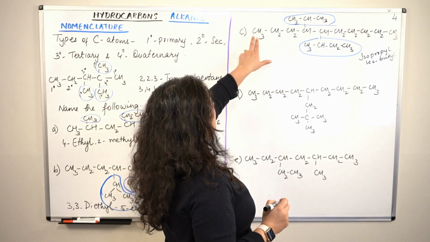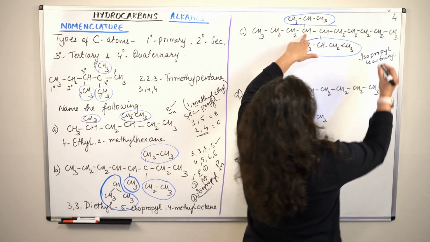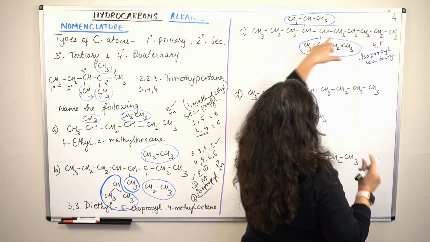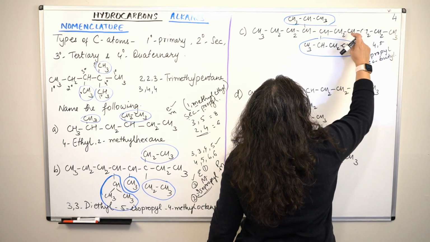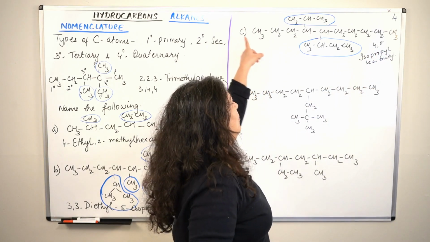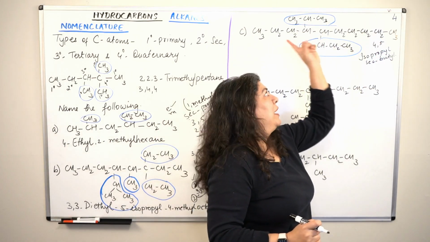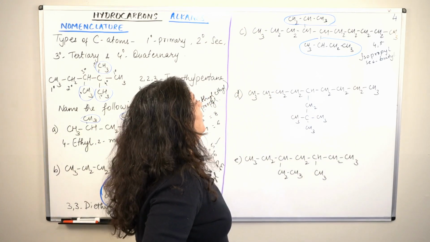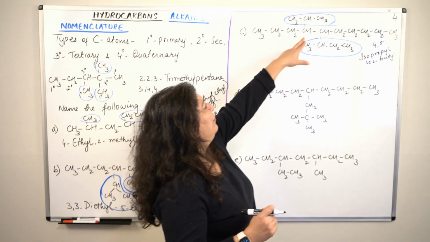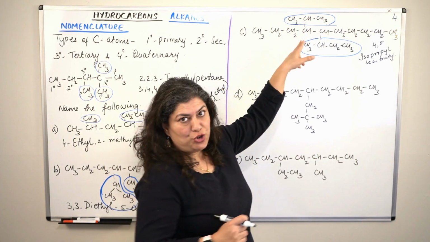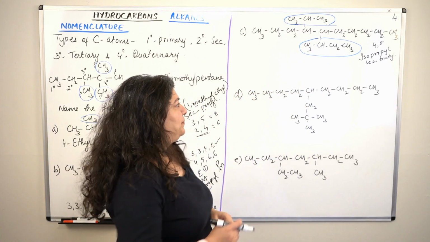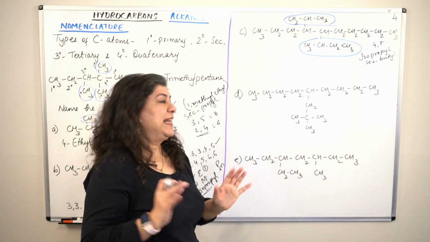If I count from this side, 1, 2, 3, 4, my first locant is 4 and my second locant is 5. If I count from this direction, I'll get 1, 2, 3, 4, 5, 6. This will be 6 and 7. Obviously, my lowest locants are coming from this side, so I'll count from this side. So it will be 4 and 5. On position 4, I have the isopropyl group, and on position 5, I have the secondary butyl group. And the compound is decane.